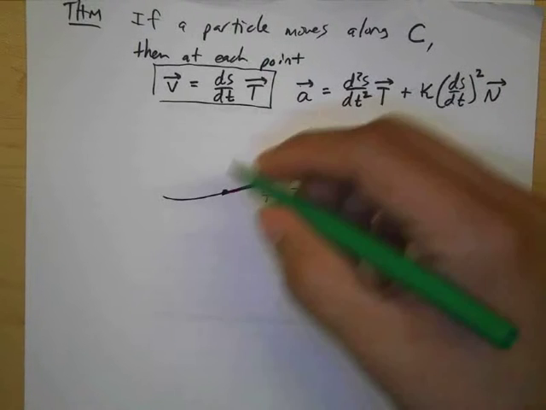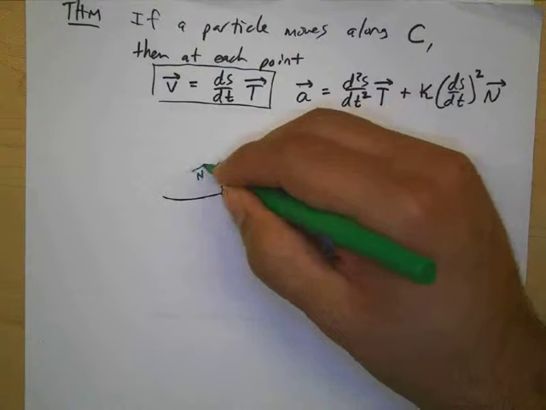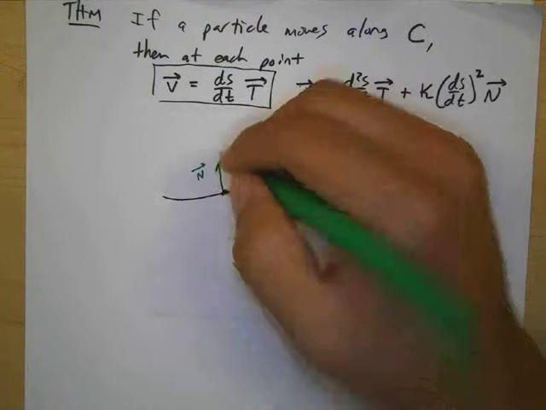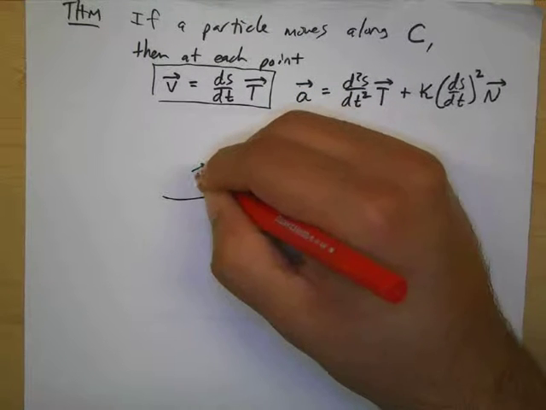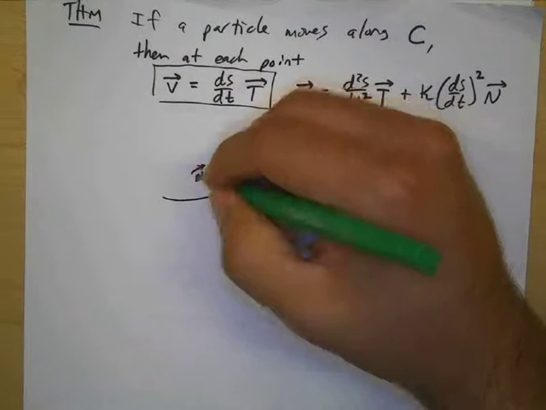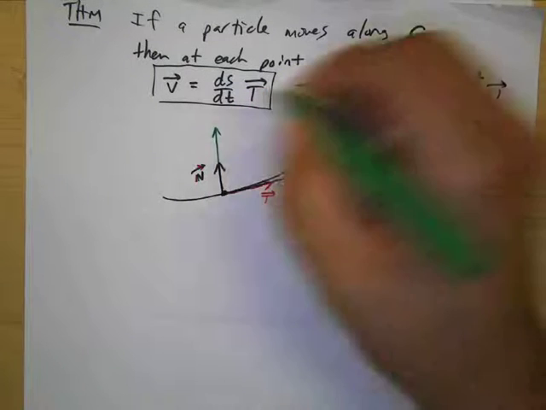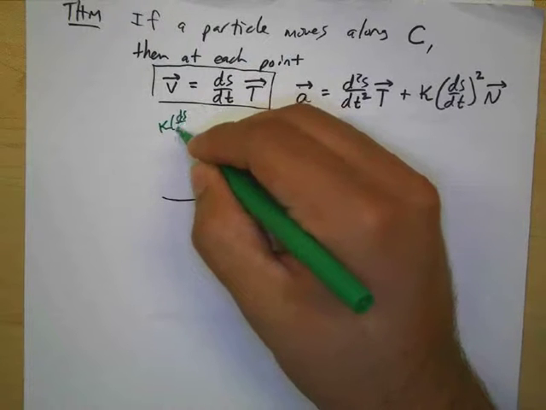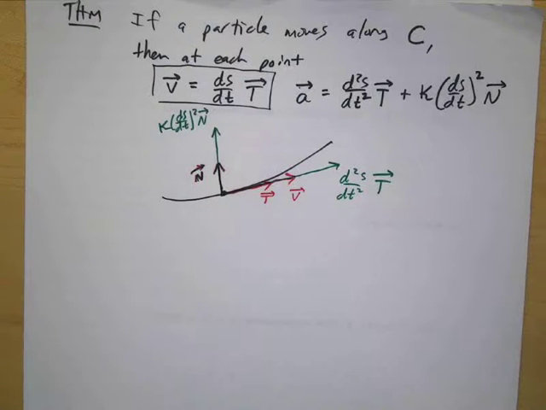But we also have a normal component, so here's the unit normal vector, which points inward. I should have done that in red, sorry. And then the normal component of acceleration would be here, and that's the second part, curvature times (ds/dt) squared times the unit normal vector.